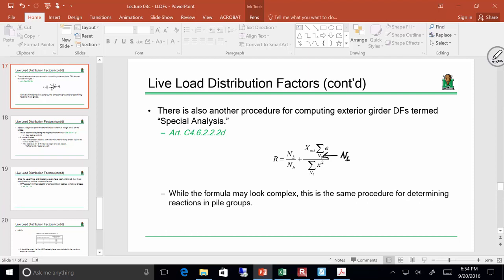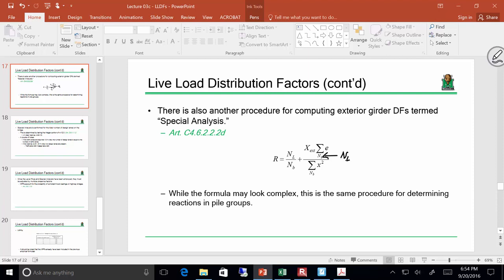That's supposed to be NL. That actually is somewhat important because it clarifies what I'm about to mention now. Did everybody find that? I'm sorry about that.